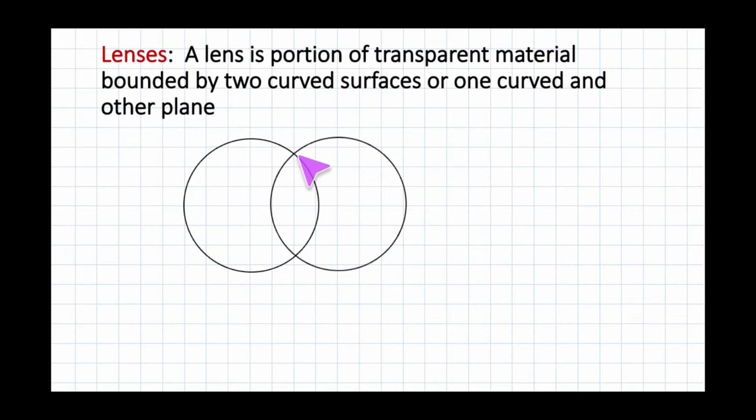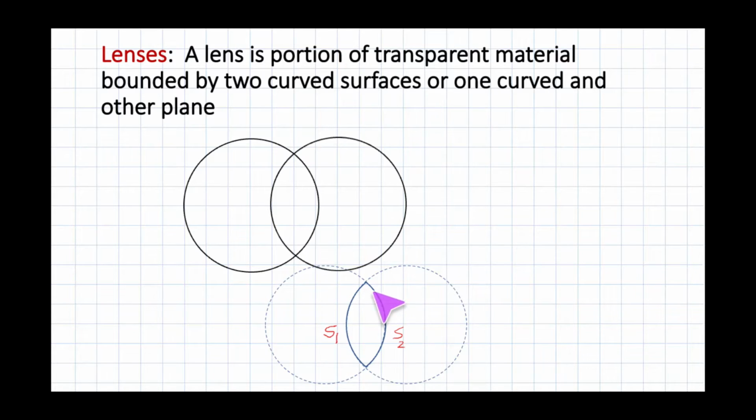See here, two spherical surfaces form a portion of a lens, and that is called a convex lens, that we already saw. This is surface 1 and this is surface 2, so here it is surface S1 and surface S2.